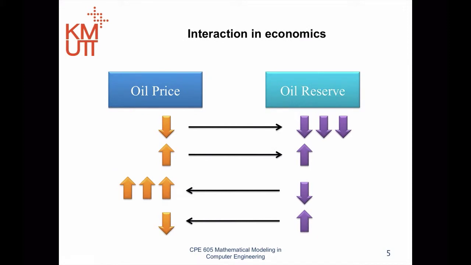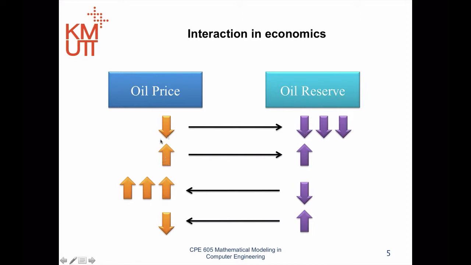Interaction can be found in real-world contexts, like economics. The change of the oil price and the change of the oil reserve interact with one another. If the oil price drops, people would go to fill their tanks more often, and the amount of oil reserve would drop significantly.